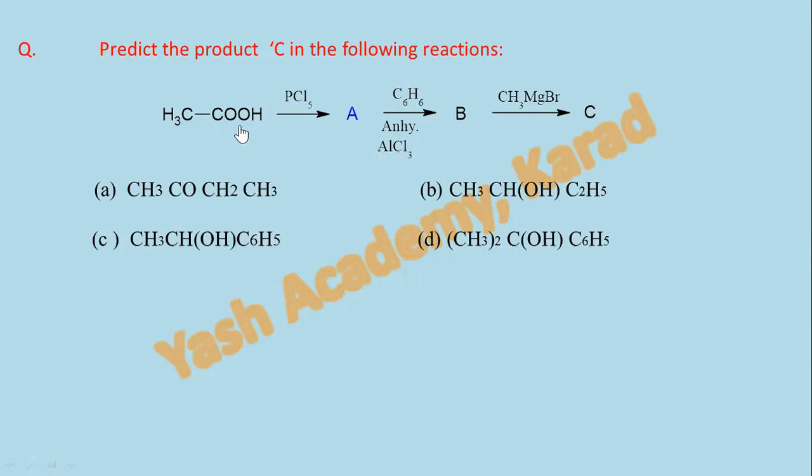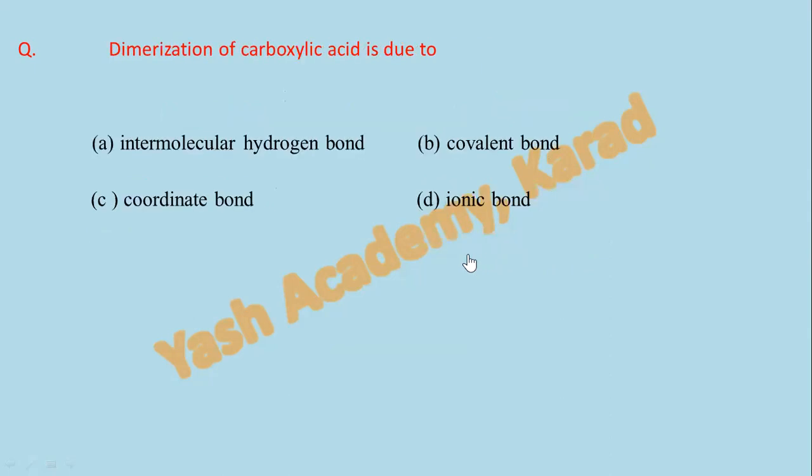So when it reacts with acetyl chloride, it gives acetophenone, and B is the acetophenone, and with Grignard reagent like methyl magnesium bromide, acetophenone gives D product, that is a benzene ring, C-OH and CH3 twice. Okay, D is the correct option.